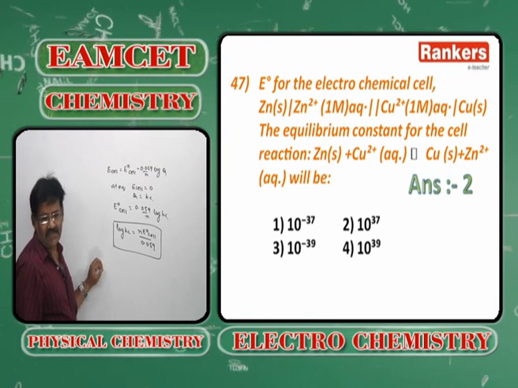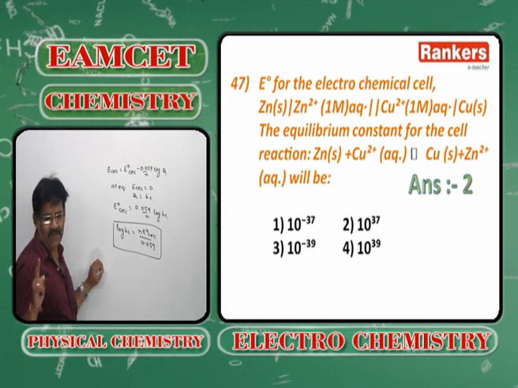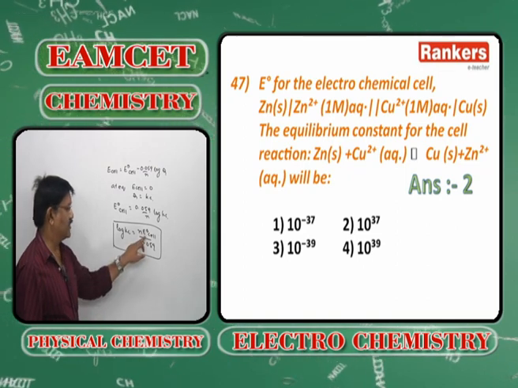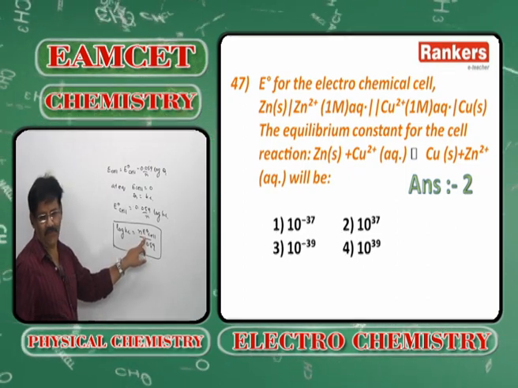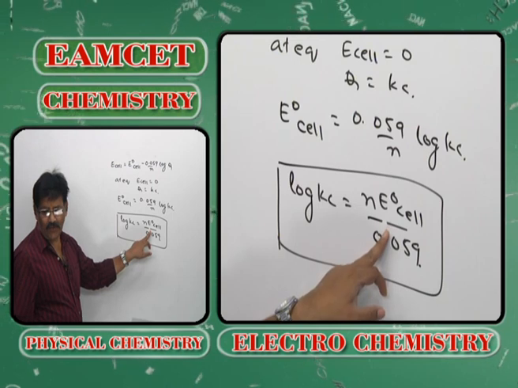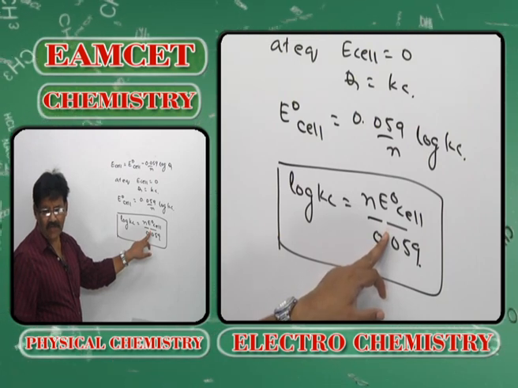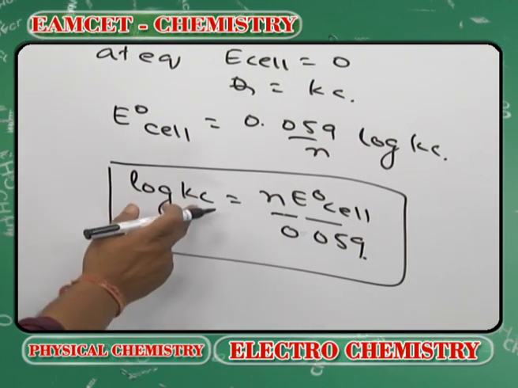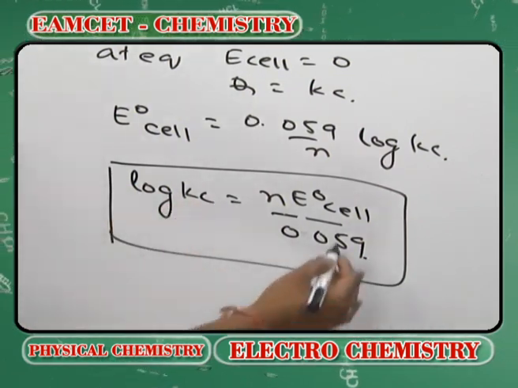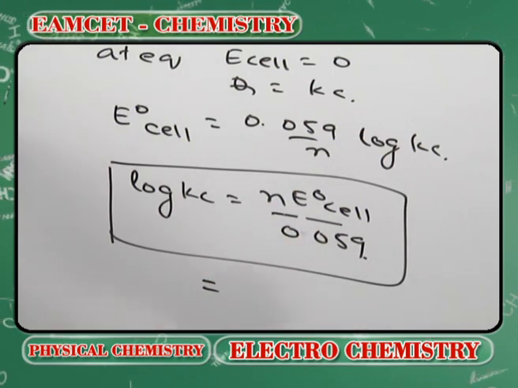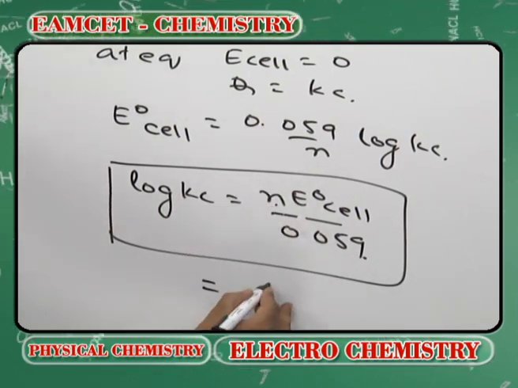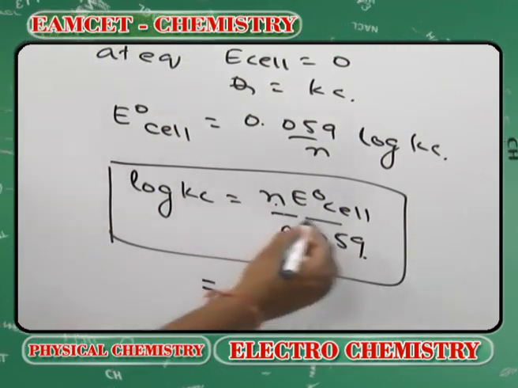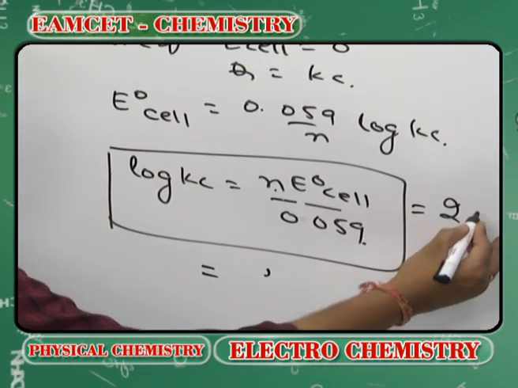In case of Zn plus 2, what will be the E naught value for this equilibrium? 1.1 electron volts. This is a galvanic cell. In this, the E naught value is 1.1. And what is n? Number of electrons is 2.